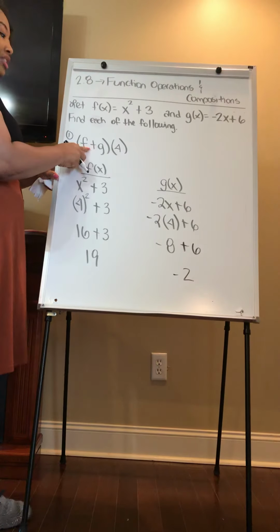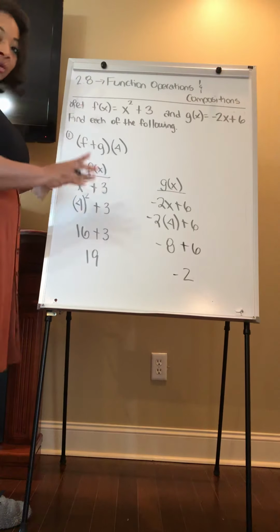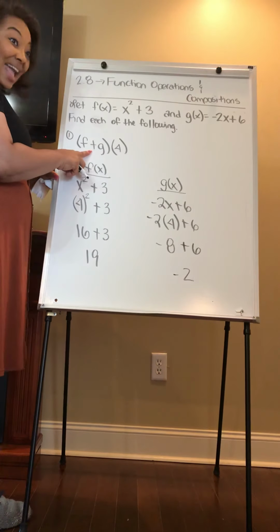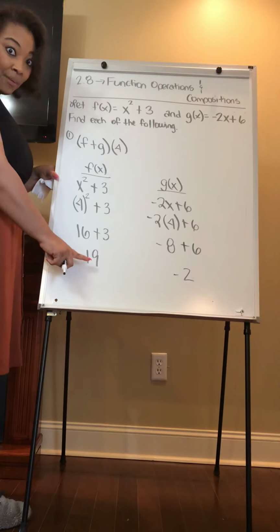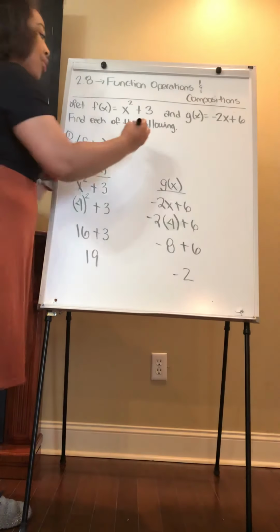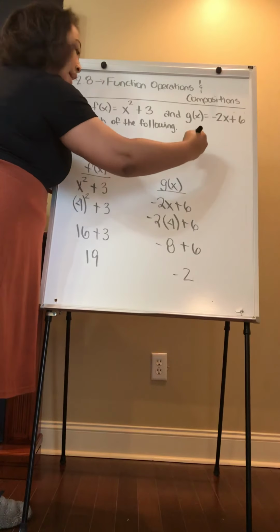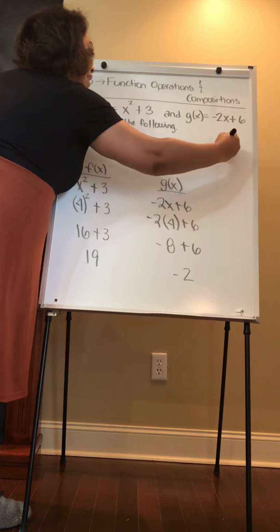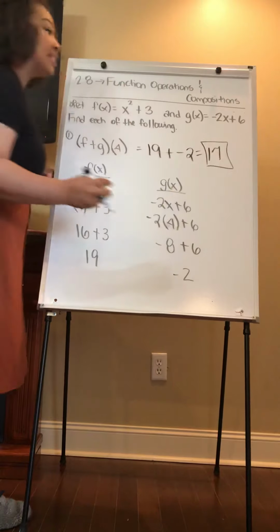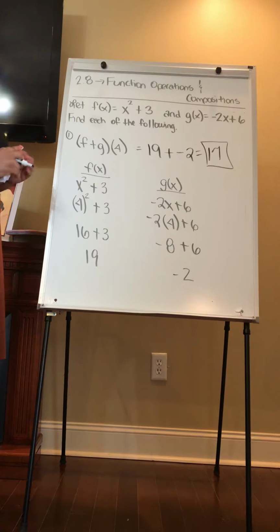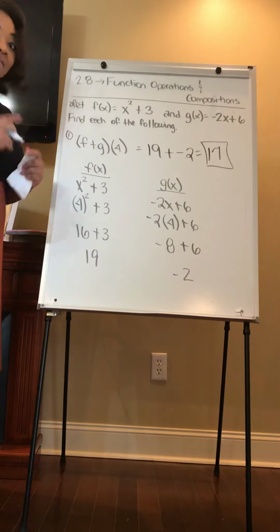Now, the operation says once you have plugged into both functions, you must add the two answers to get your final answer. So you take 19 plus negative 2, and that gives you 17.